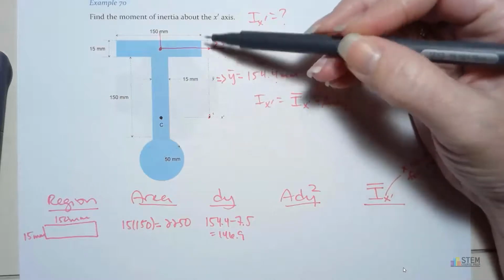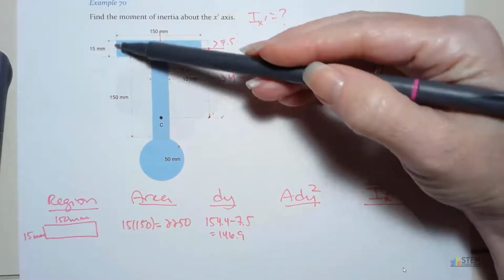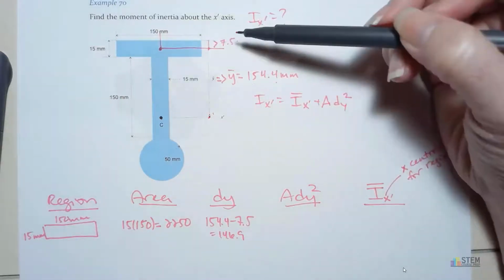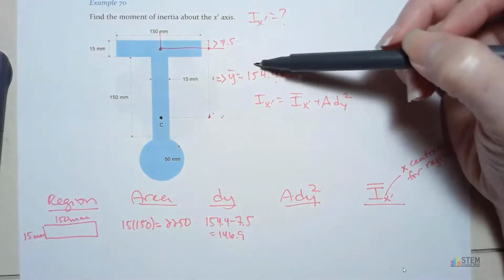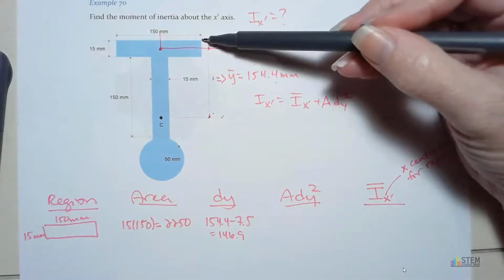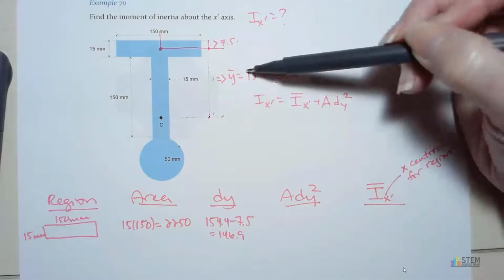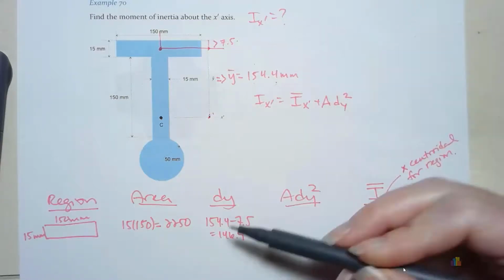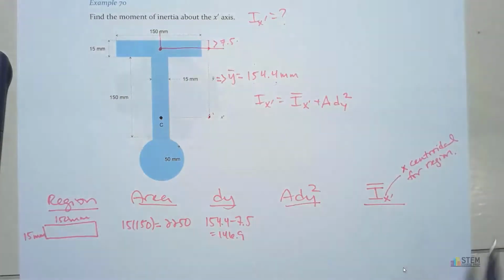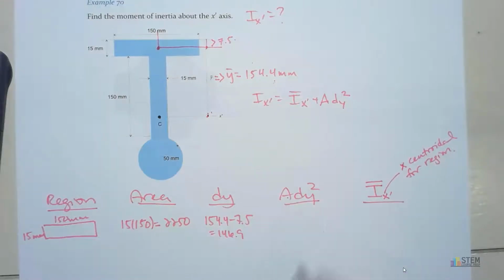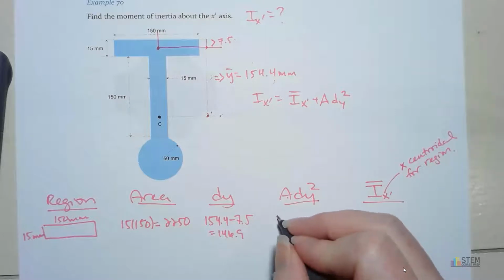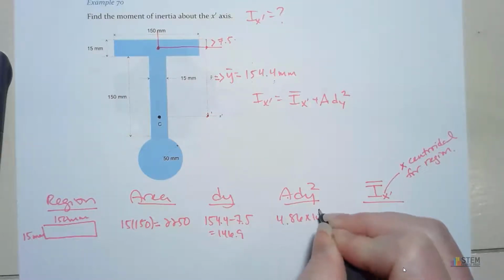All right, so this was 15 millimeters, so this distance was 7.5, and the y bar is measured from the very top all the way down. So you take the y bar minus 7.5 to give you dy. Okay. Now we're going to take the area, multiply it by dy squared. That's going to give you 4.86 times 10 to the 7th.